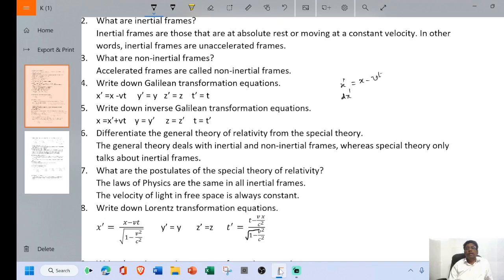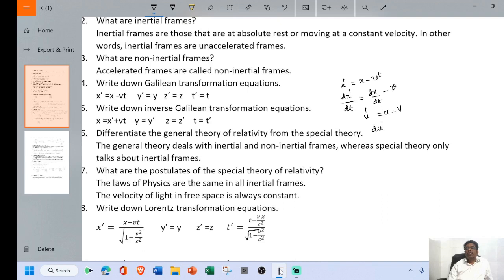If you find the differentiation, dx dash by dt equal to dx by dt minus v. This is u dash equal to u minus v. Velocity is transformed.